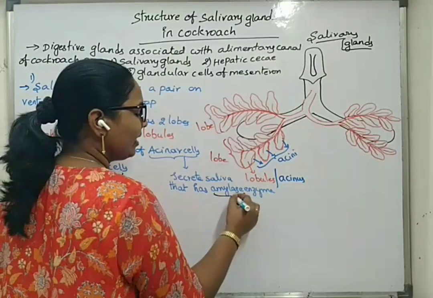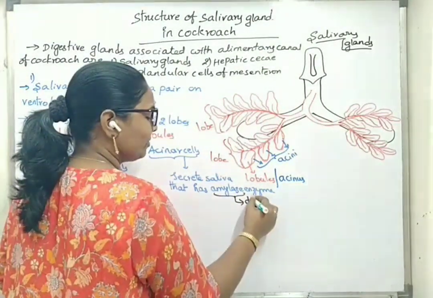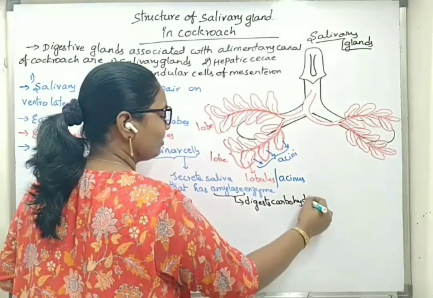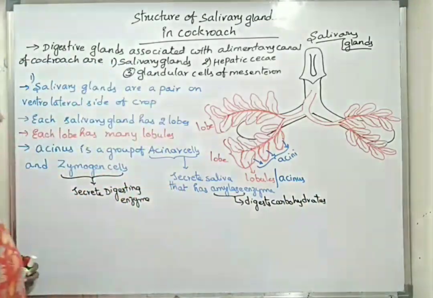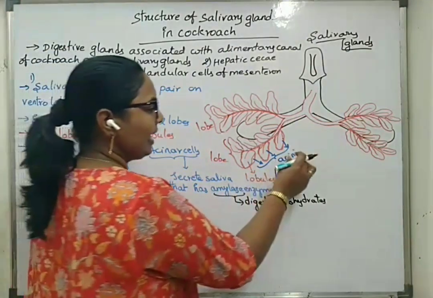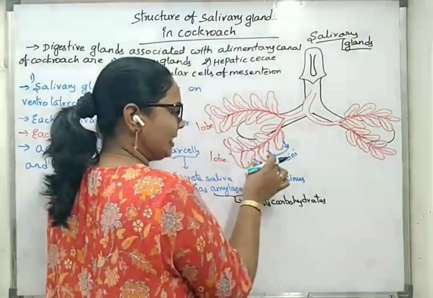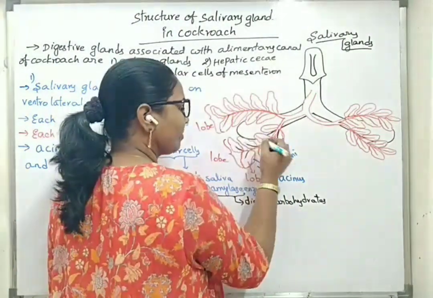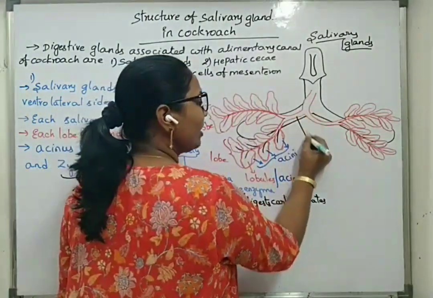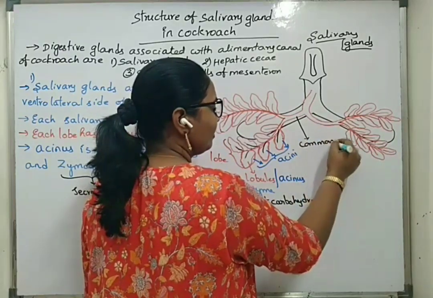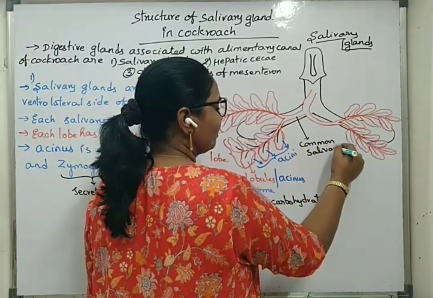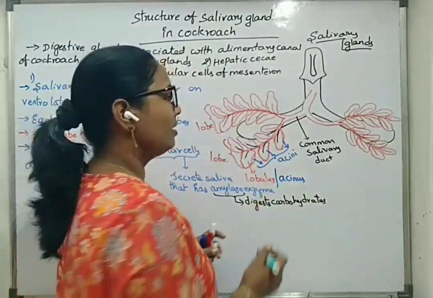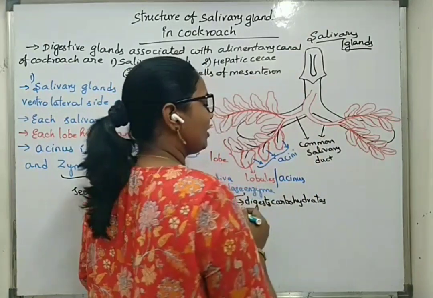We know that amylase digests carbohydrates. Now, each acinus or all the acini will be having some ductules. These are ductules. They all open into common salivary duct, so there are two number of common salivary duct, this one and this one.